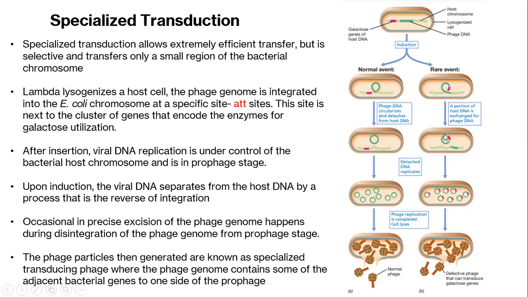However, in a very rare event, the excision process can be imprecise. When this incorrect excision happens, then by mistake, some of the adjacent chromosomal DNA will get incorporated into the phage DNA, and some part of the phage DNA may stay back on the chromosomal DNA.